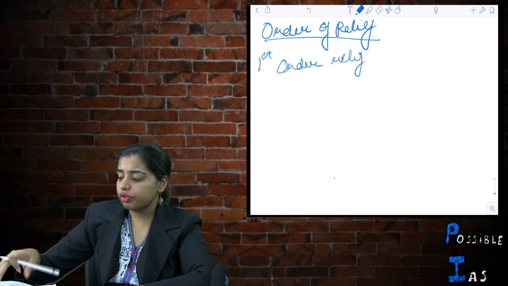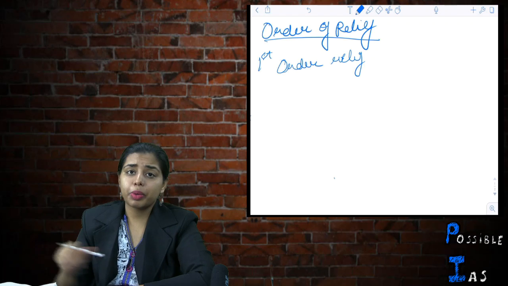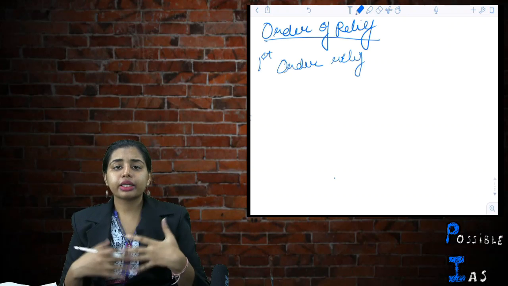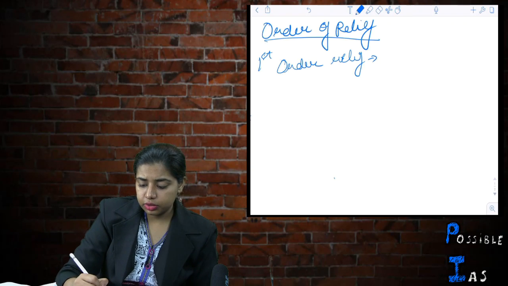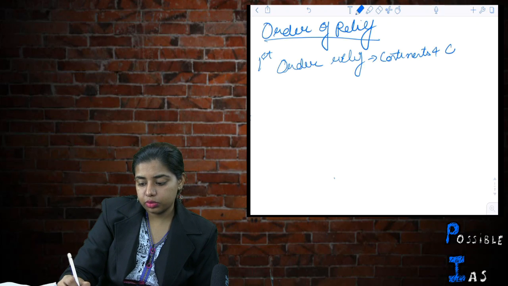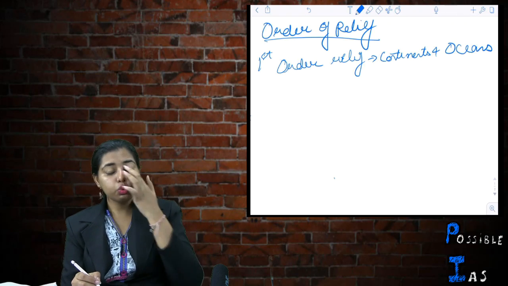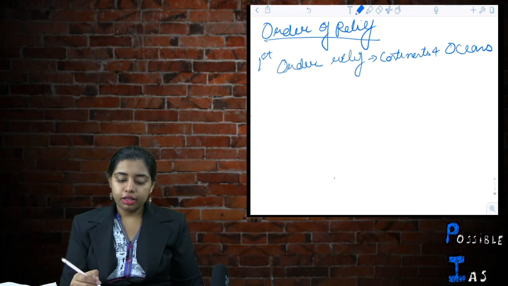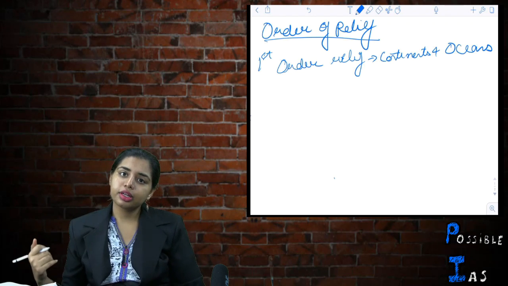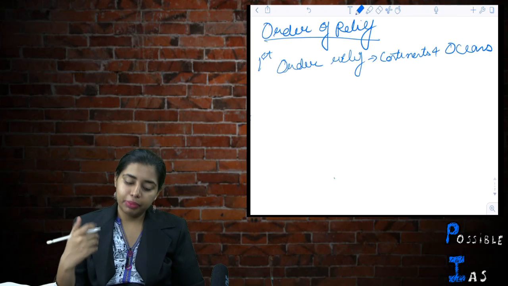You will see the large features on the earth, the huge features on the earth, which are the continents and oceans. With every further order, we will keep breaking it down.